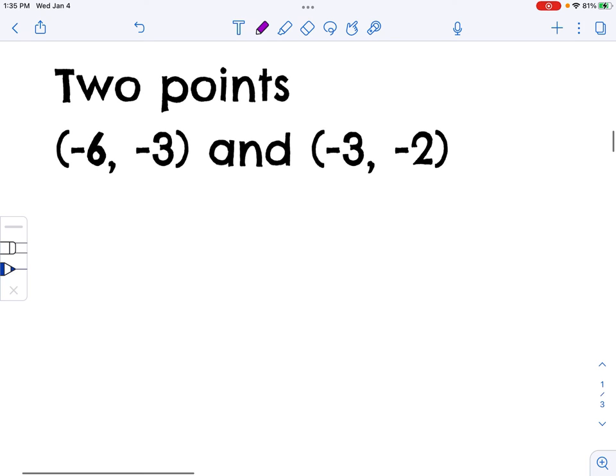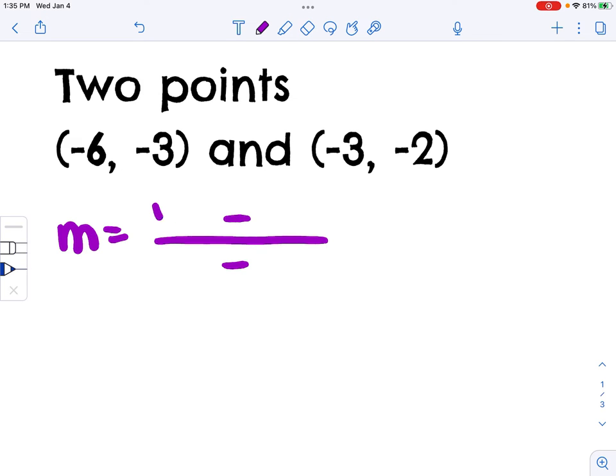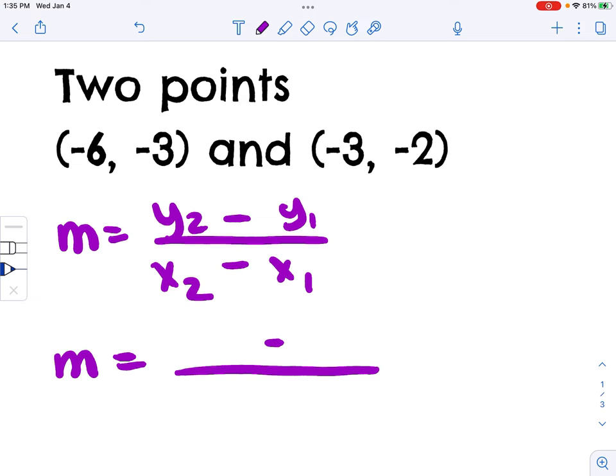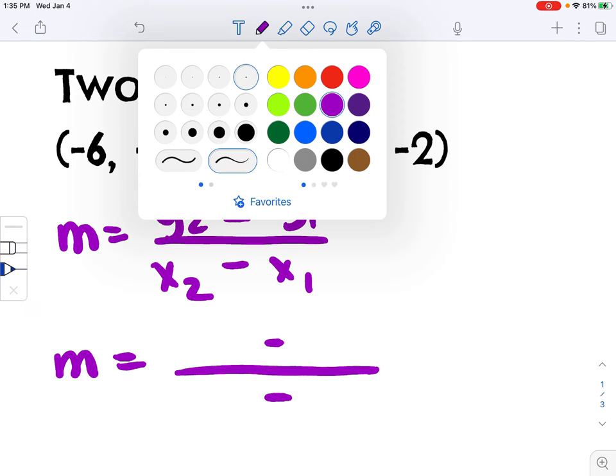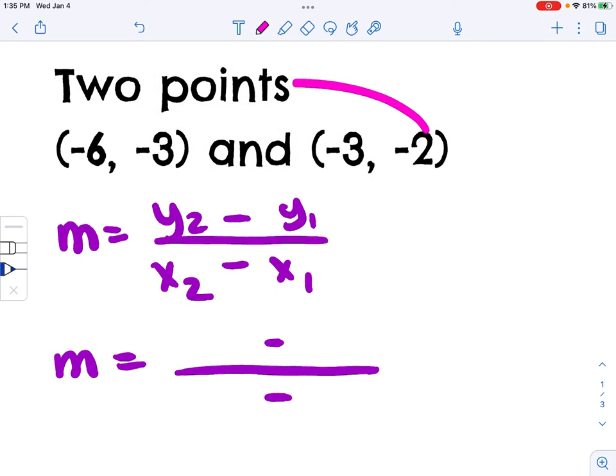So here we're going to be finding slope. Remember, it's y2 minus y1 over x2 minus x1. So I'm going to take my y values, these two right here, and I'm going to take -2 minus -3.